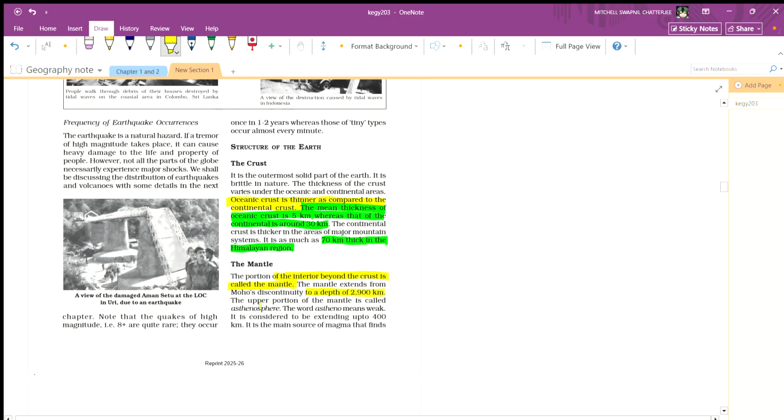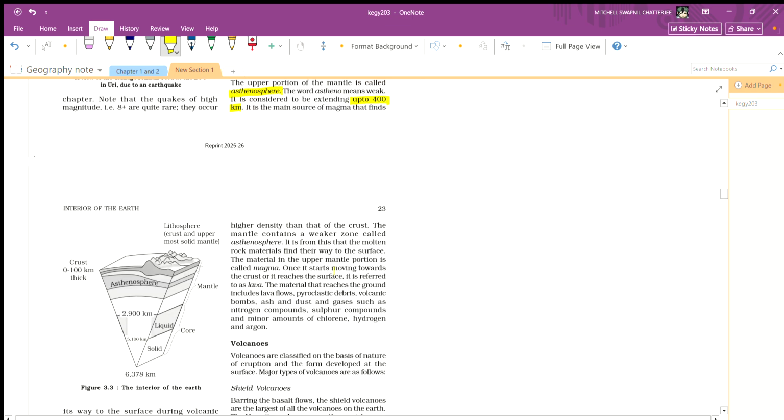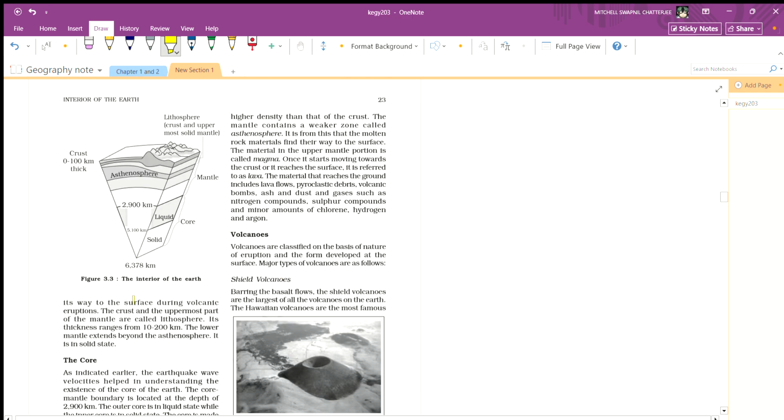The upper portion of the mantle is called the asthenosphere. The word asthenos means weak. It is considered to extend up to 400 kilometers. It is the main source of magma that finds its way to the surface during volcanic eruption.